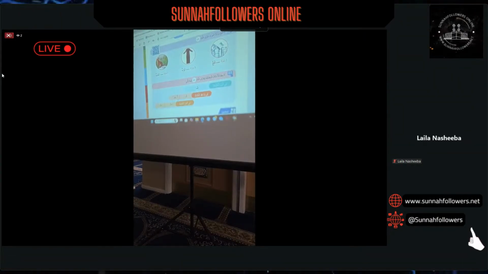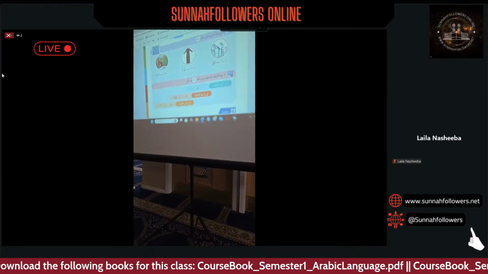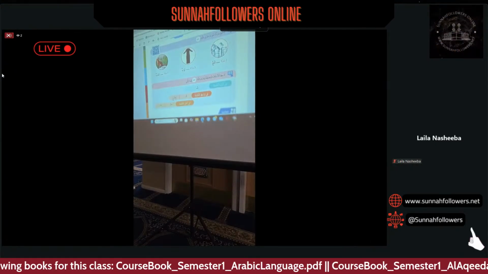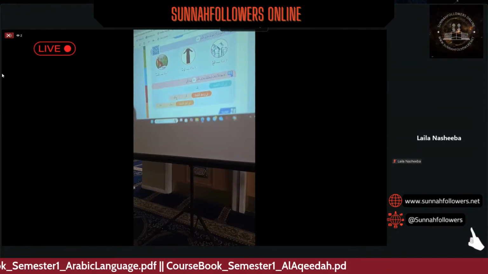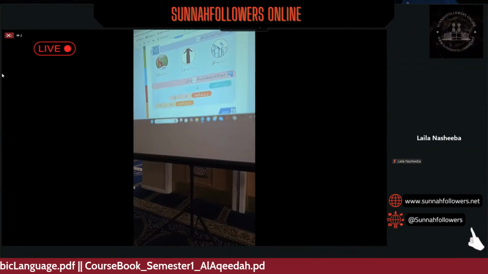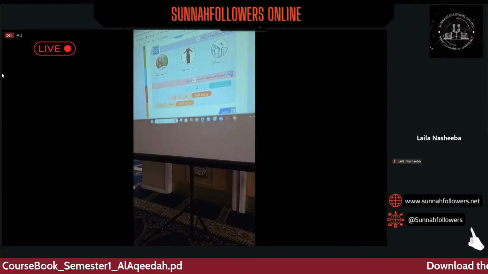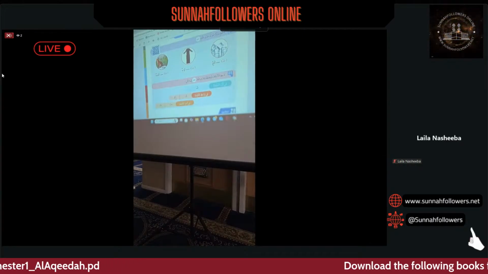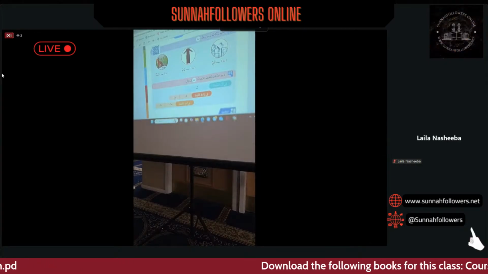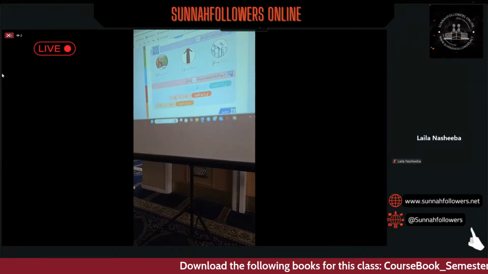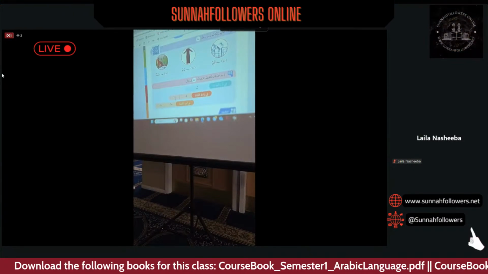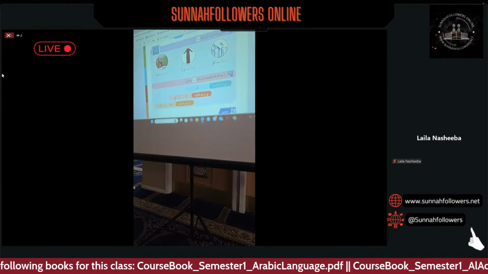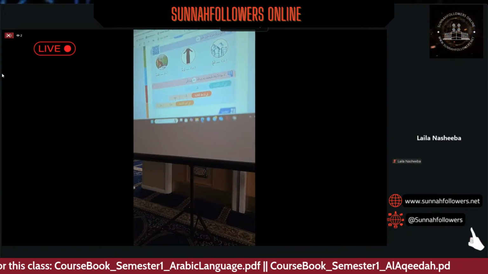So you chop off the beginning and the end. You can really only recognize it by this little line here in the middle that goes up, and of course the three dots. Then you know it's that letter, because the only letter that has three dots in a line is that.